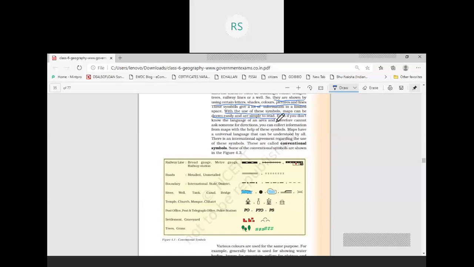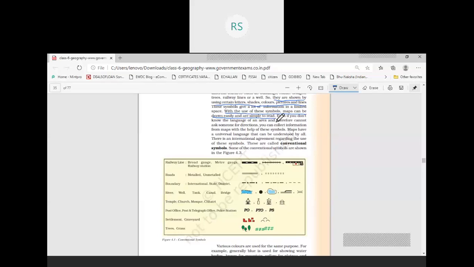Sometimes we may go to some place where the language is different, and we are not able to understand the language of the people. We want to go to a particular place, and the language spoken there is not familiar to us.